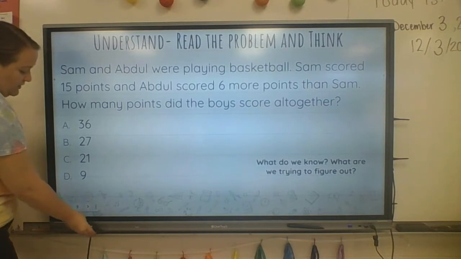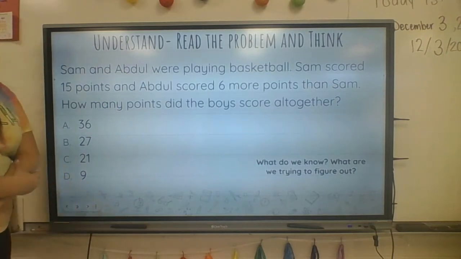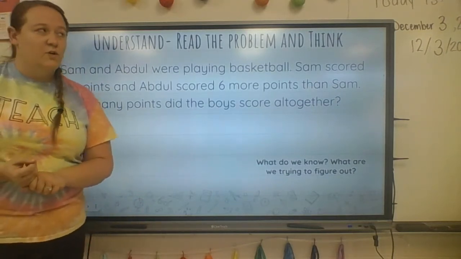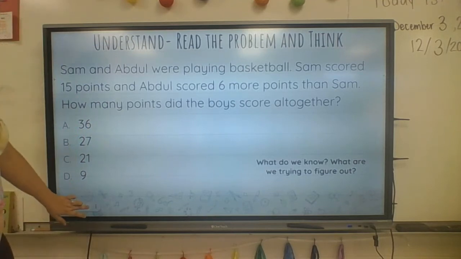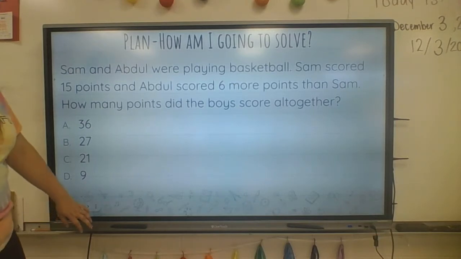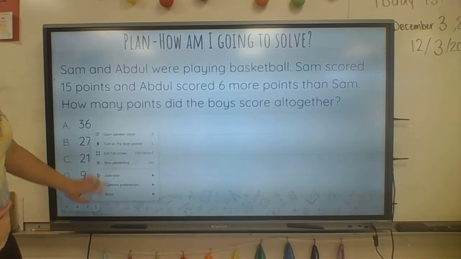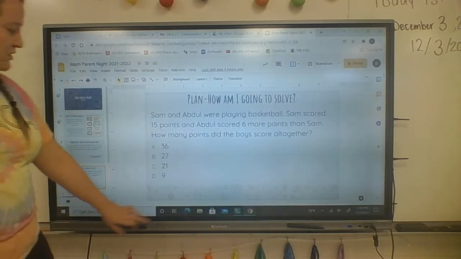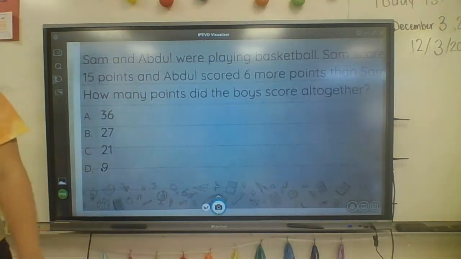So now what I'm going to do is show you some strategies that we work on in class to solve a problem like this. And the first one I'm going to do is decomposing. So I'm actually going to pull it up this way so that we can see a little easier.